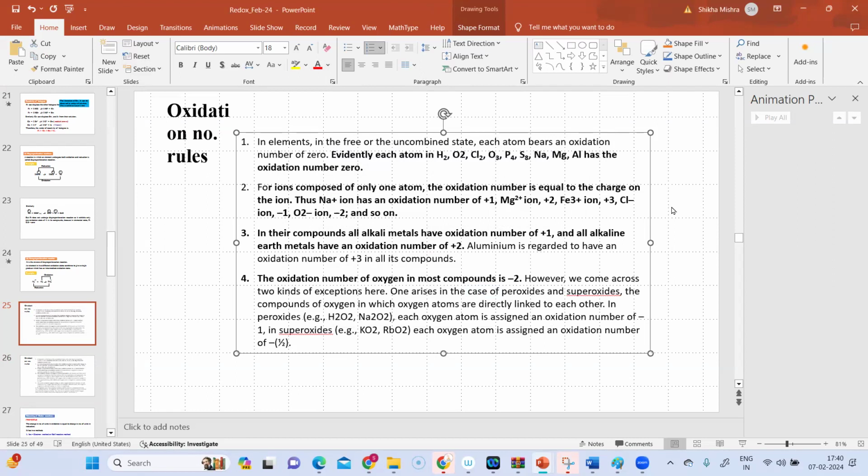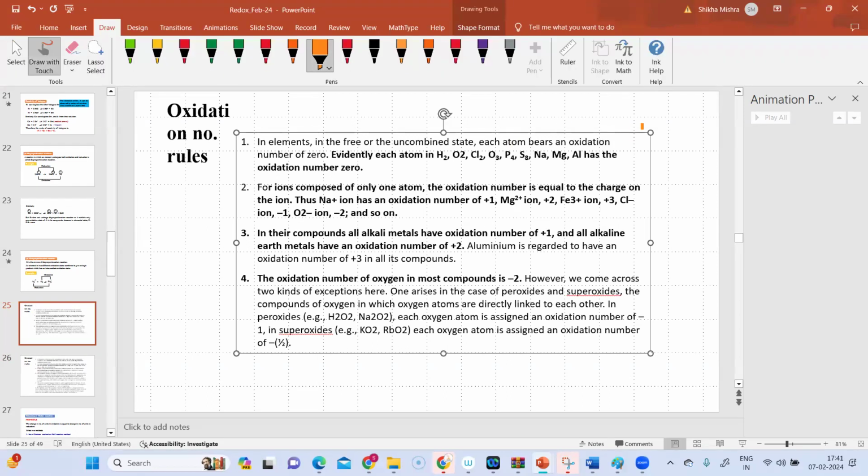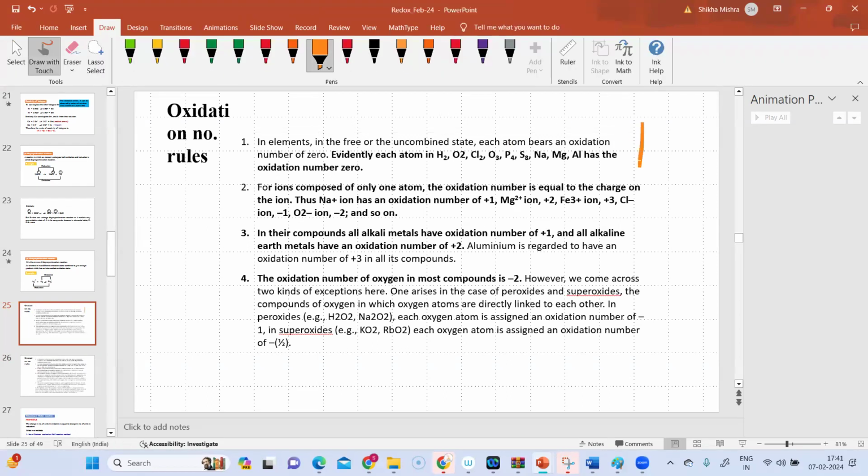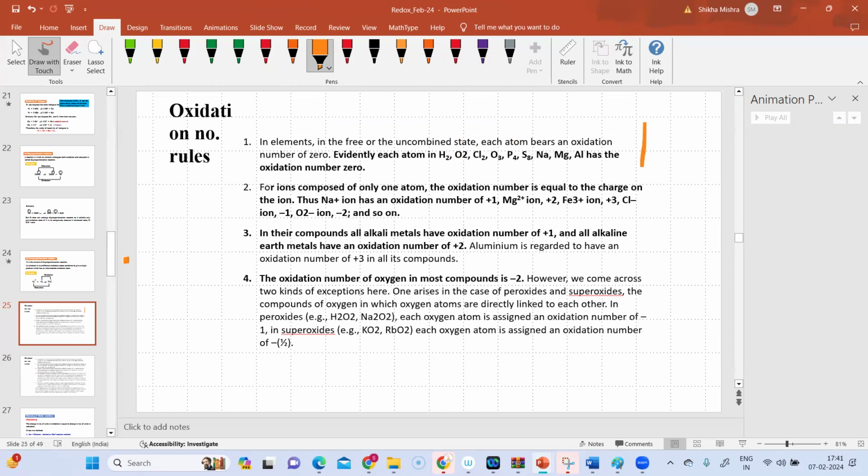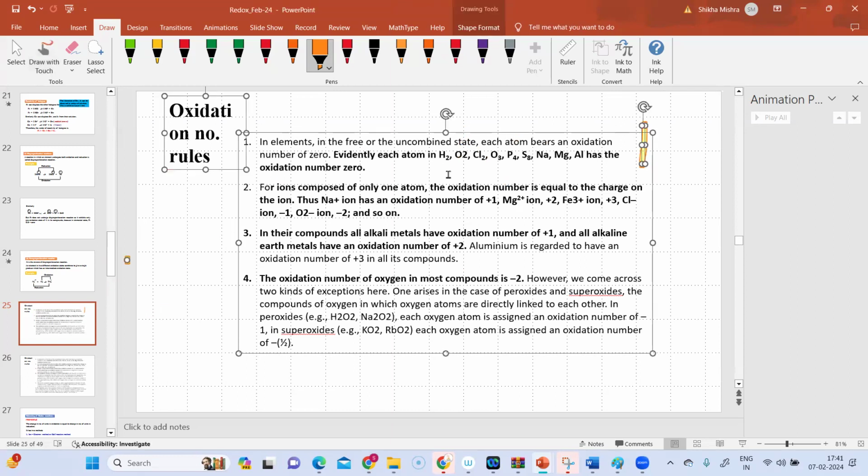Rule number 1. Pay attention to rule number 1, Ritika, which says that every element in its free state, or every substance in uncombined state, will have oxidation number as 0. That is very important, right? Hydrogen exists as H2, oxygen exists as O2.